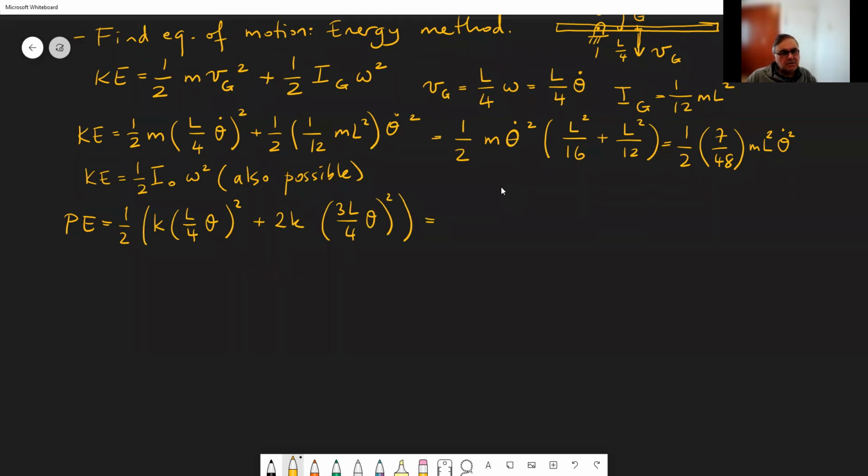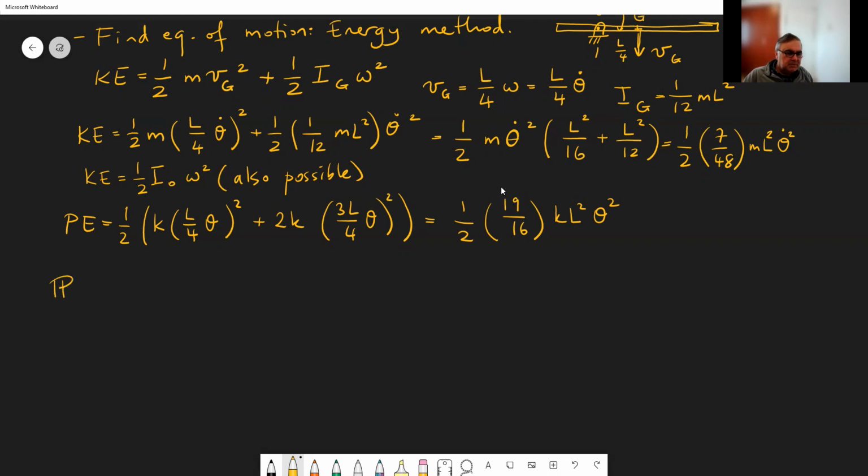And if you do the calculations, you get 1 over 2, 19 over 16, k L squared theta. So kinetic and potential energies are done now.